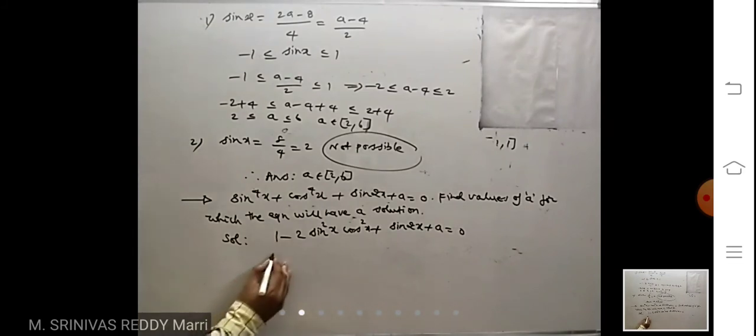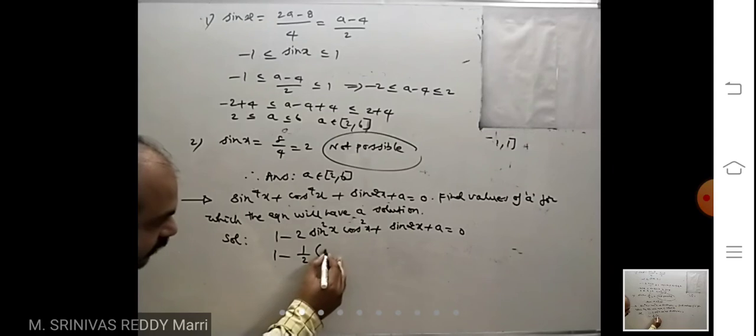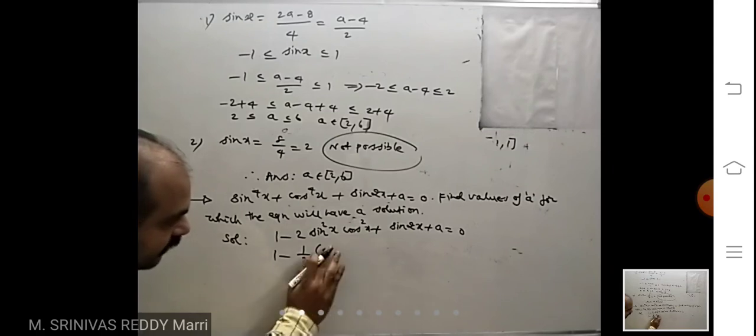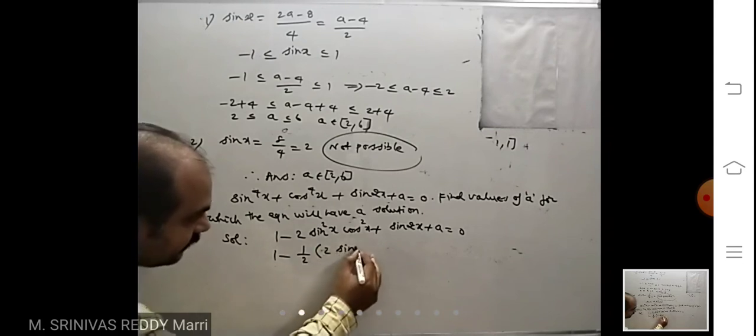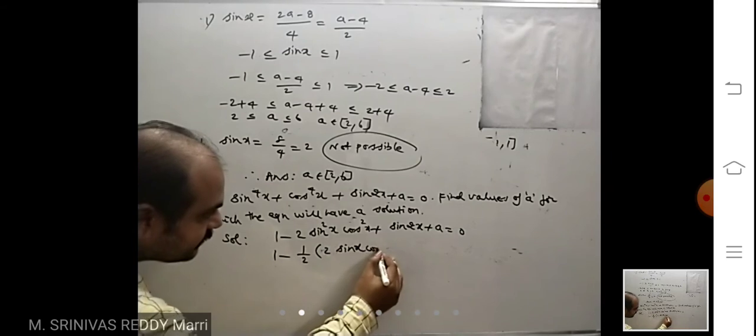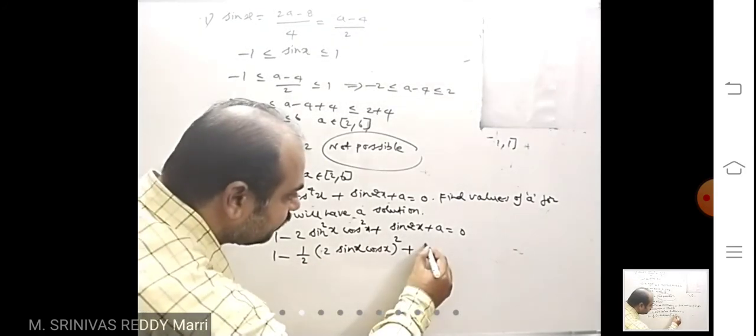Now look at here. What I am doing is multiplying and dividing by 2. That means you will get 4 sin square x cos square x. Multiplying and dividing by 2 means you will get 4 sin square x cos square x, which can be written as (2 sin x cos x) whole square.